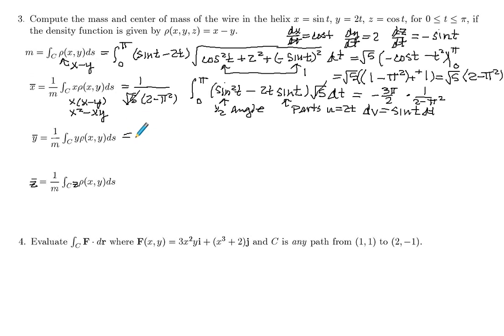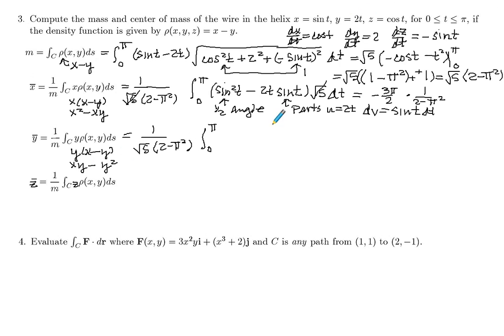And then here, 1 over mass, get that same factor, 1 over root 5, 2 minus pi squared. Integral 0 to pi. And now we're integrating y times rho, so that's going to be y times x minus y. So that's going to be xy minus y squared.